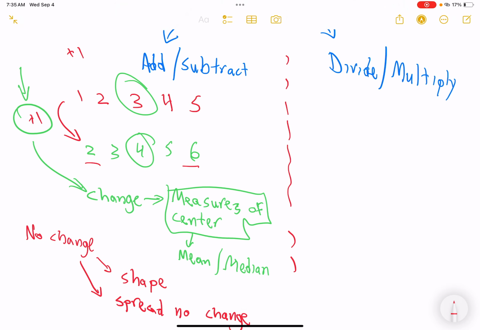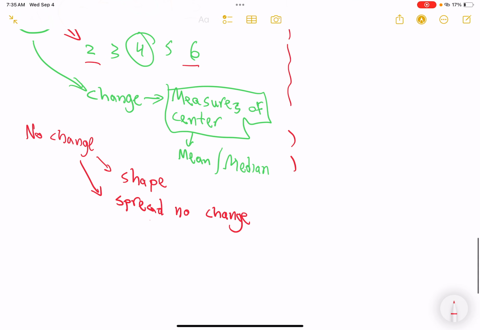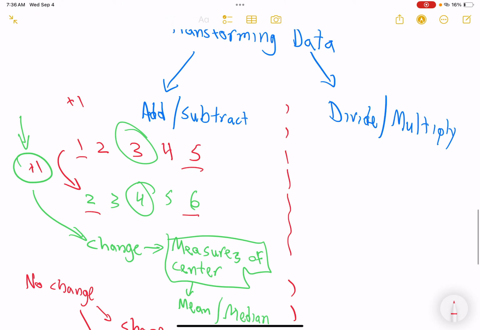So 6 minus 2 is still 4, the same way that 5 minus 1 is still 4. So that means IQR doesn't change. That means standard deviation doesn't change, aka this thing, right? That little blueberry doesn't change. And that means range doesn't change. Okay, so that's for adding and subtracting. And the same goes for subtracting.